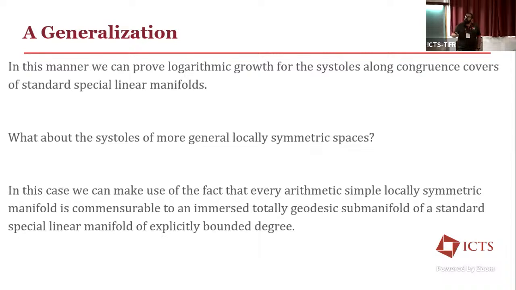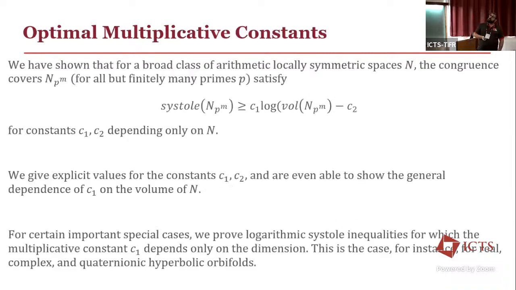And so in our ultimate result for the general case, the multiplicative constant depends in an explicit way on the volume of the base manifold. So this shows that for a broad class of arithmetic locally symmetric spaces, the systole is greater than a constant times log of volume minus another constant.